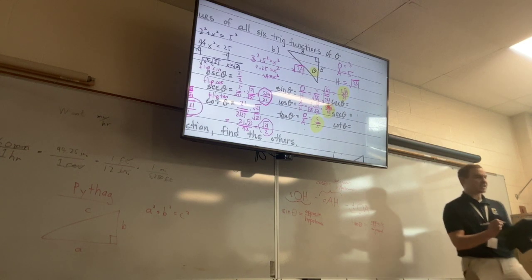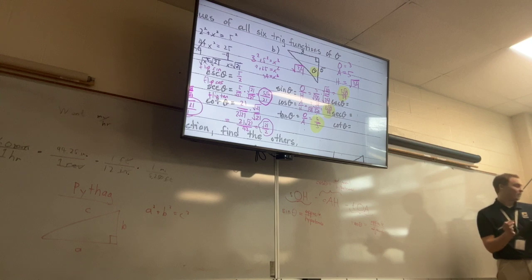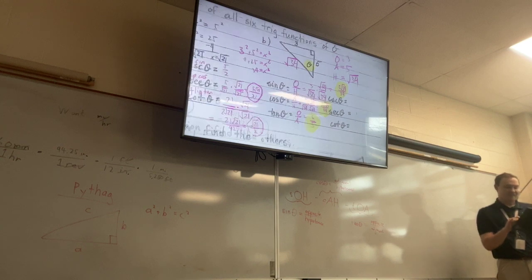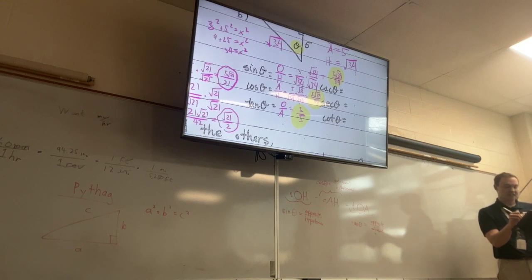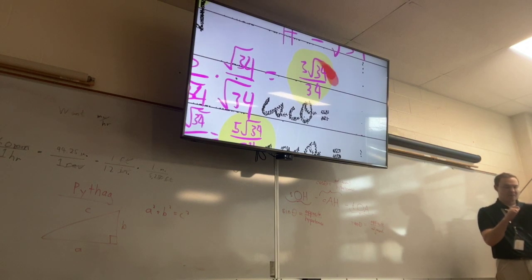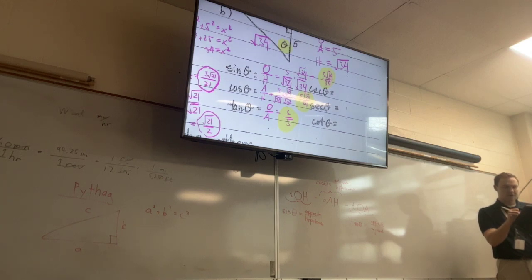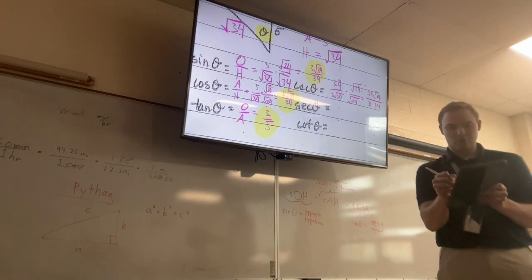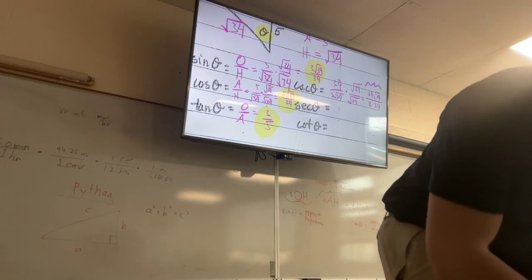Then how do I come up with cosecant? Reciprocal. The reciprocal of what? The sine. It's kind of trippy. Cosecant is the reciprocal of sine. So here's my sine right here. I'm just going to flip it over. So cosecant is going to be 34 over 3 root 34. Let's rationalize our denominators. What does that simplify to?